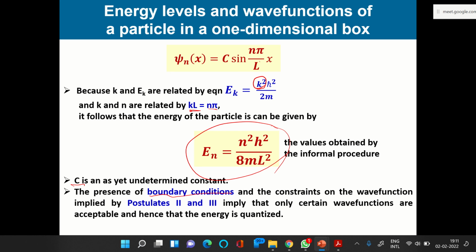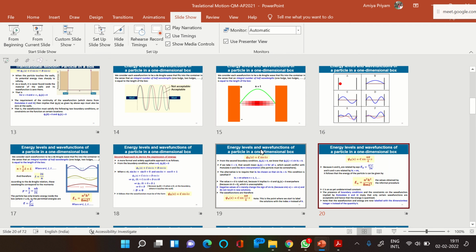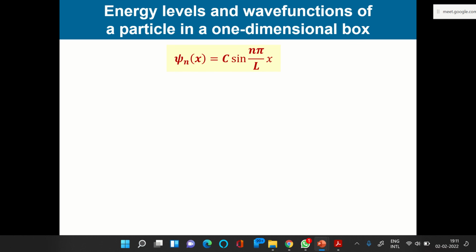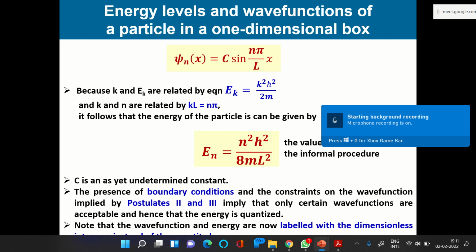We have seen that one loop, two loops, so half-wave profiles are acceptable. Now we are labeling them with the dimensionless number.